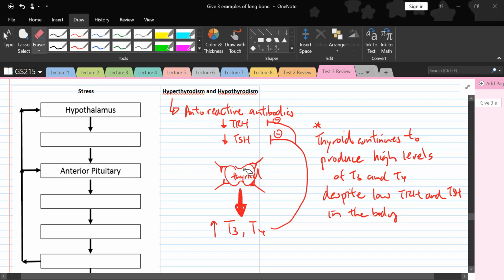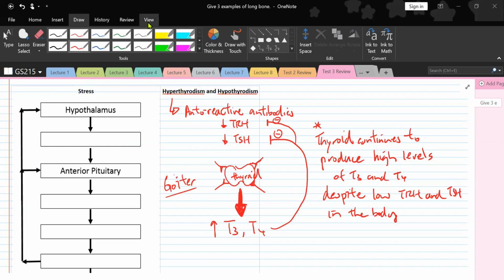Because of the presence of the autoreactive antibodies, your thyroid gland no longer requires the stimulation from TSH to produce T3 and T4. Even though there's no stimulation from TSH, TRH, it will continue to make a lot of T3 and T4. Does that make sense? The continuous stimulation of the thyroid by the antibodies will cause the thyroid gland to become big, and we call that goiter, right? Goiter. So that's that.